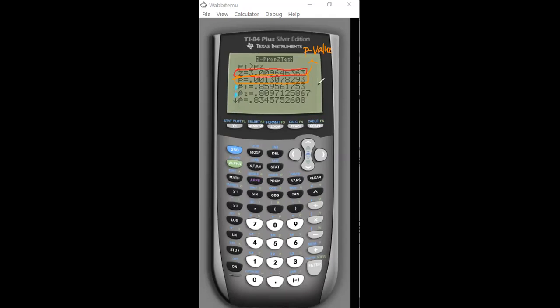This is the percent of the Canadians, 463 over 1004, so those are the percentages. This p hat here, let me use a different color, is my p hat pooled.